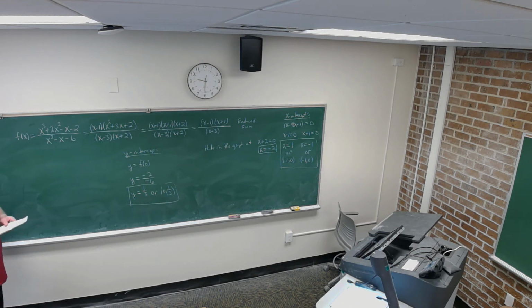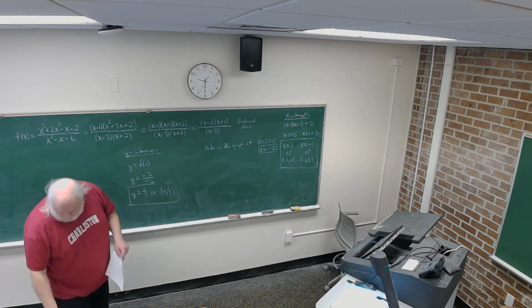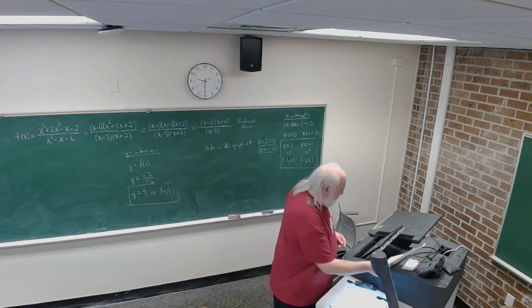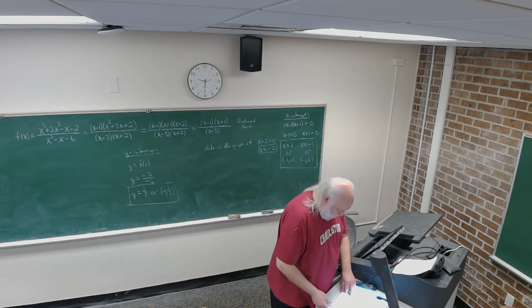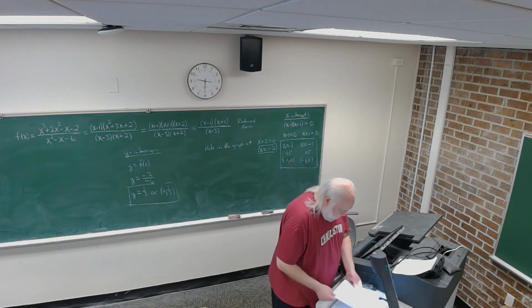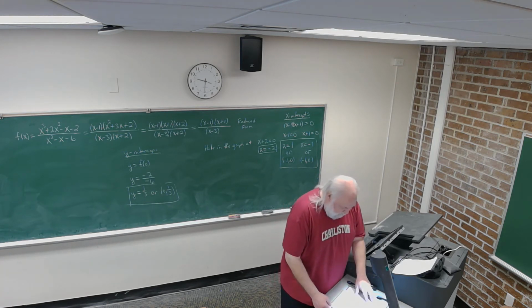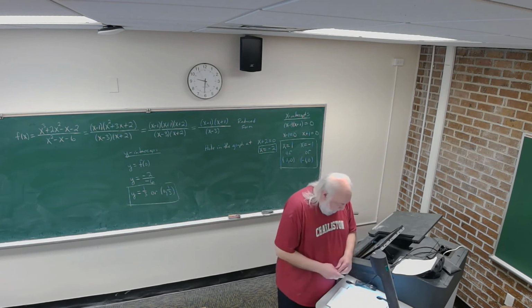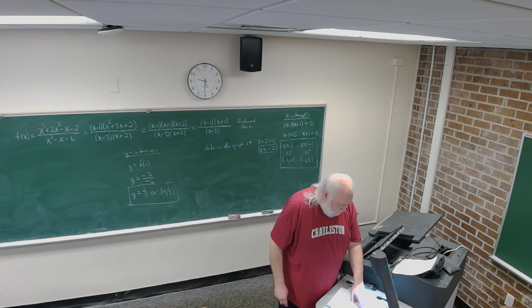Any questions on that? Okay. So you flip over your page. In example 2, we're given the rational function f of x equals 2x plus 1 over x plus 2.